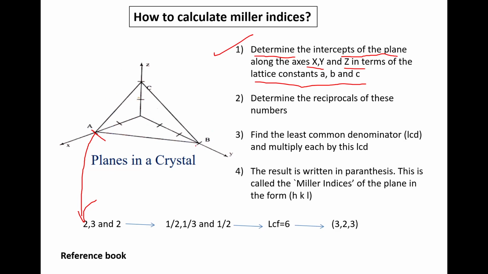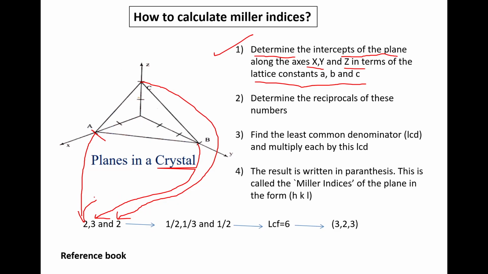So the intercept of the y axis here is 3, and again in the z axis there is 2, so that we have written here as 2. So first, whenever a plane is given to you, you need to find where this plane is cutting the 3 axes, and you need to get these values.